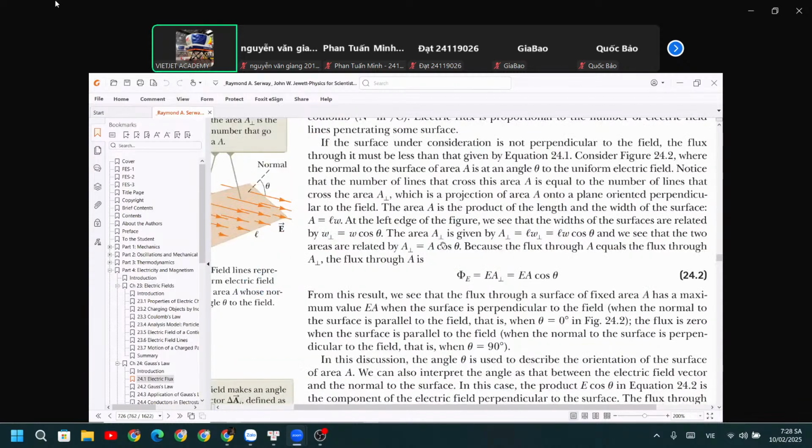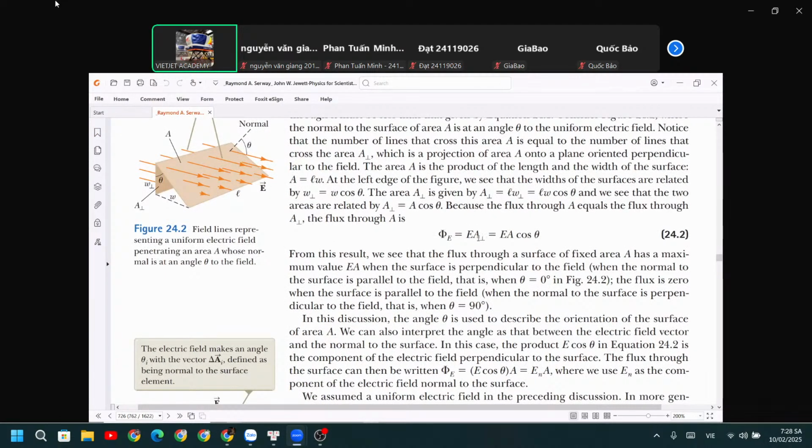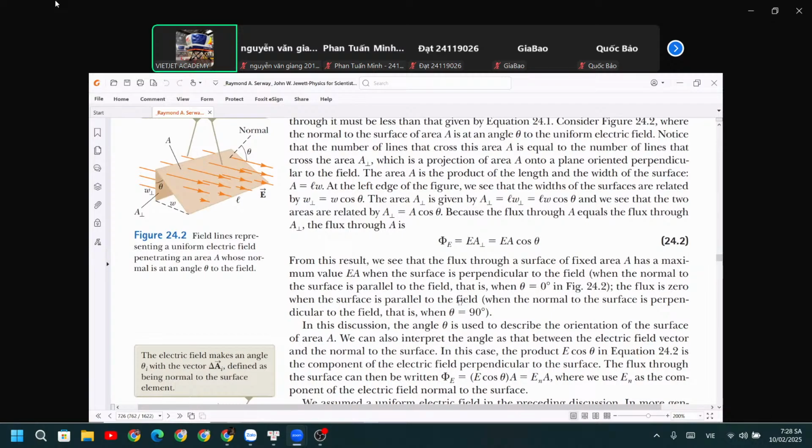The flux is E multiplied by the area, but we calculate only the area that is perpendicular to the field. So you multiply A by the cosine of theta, and you get EA cosine theta. Please write down this one. I can copy the formula here for you.